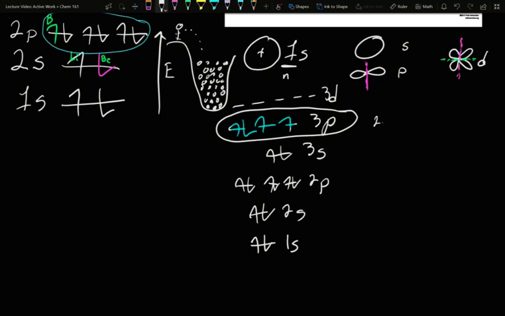What does a 3p look like? Well, I still need 2 nodes, 1 planar. So I still have, hey, here's my plane. But that's only 1 node at the moment. I need another, and I can't use another planar because it's a p orbital. But what I could do is have a radius. Each lobe can be cut.